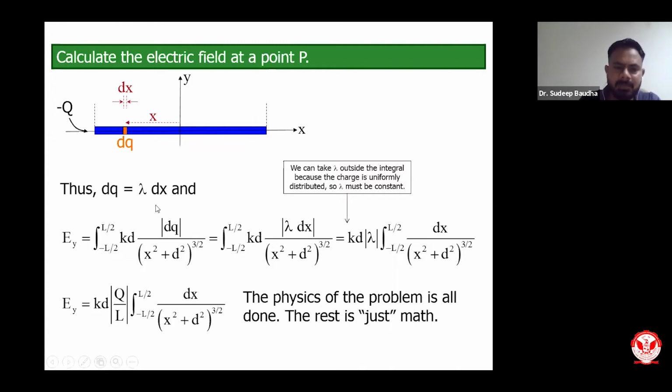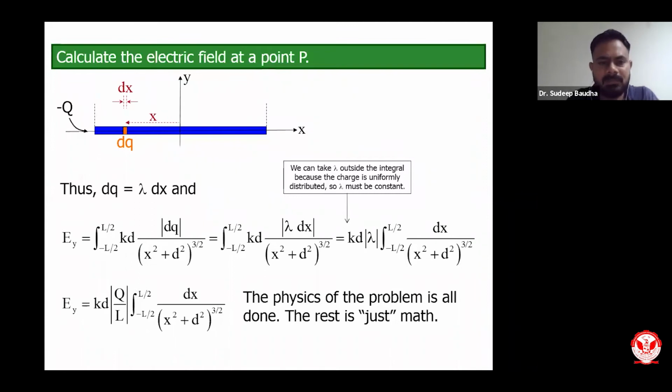So I can keep dq, that is a small amount of charge over segment dx, which will be equivalent to lambda dx. Now transposing the terms, finally we will get this Ey equals kq upon L, integration from minus L by 2 to L by 2 of dx upon (x square plus b square) to the power 3 by 2.